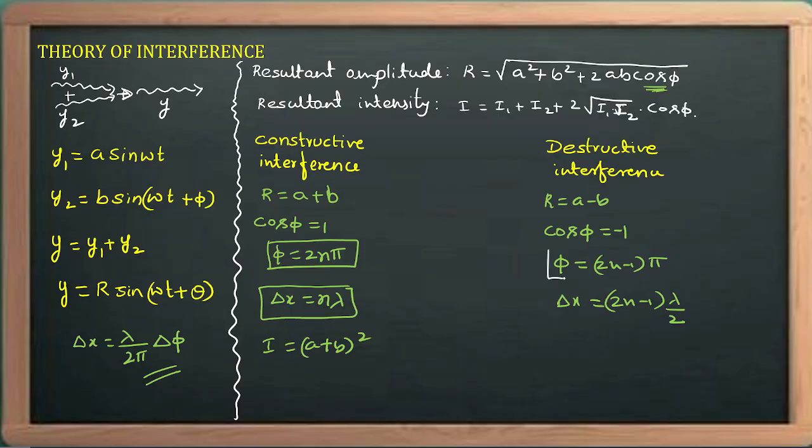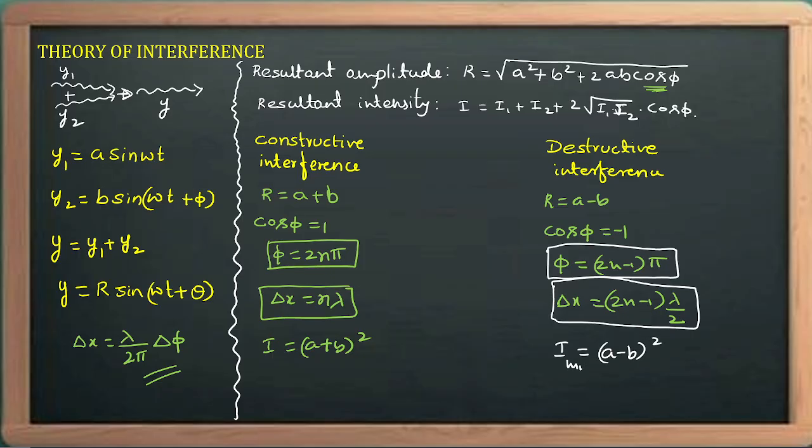So here we have phi value and path difference delta x. So intensity becomes I equal to A minus B whole square. So here we will get minimum intensity, here we will get maximum intensity. If I take the ratio of maximum intensity to minimum intensity, what do you get?